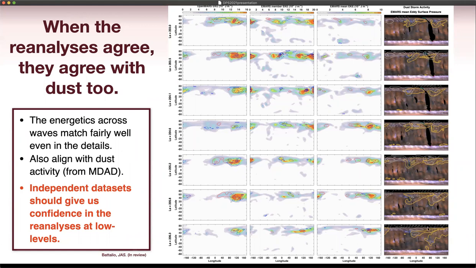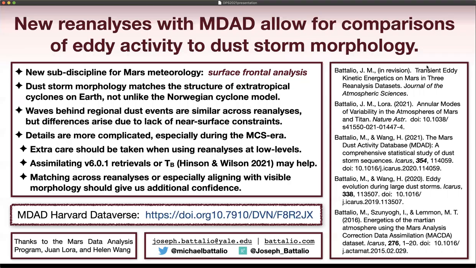And this is just a map showing all of the individual sols that we just looked at. There's good agreement between all of the data sets for this time, which should give us confidence that they are showing a coherent path and development of these eddies in time.